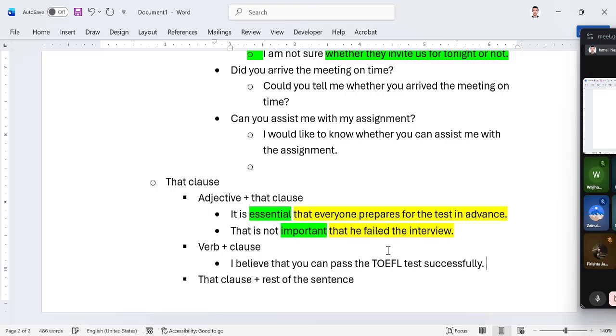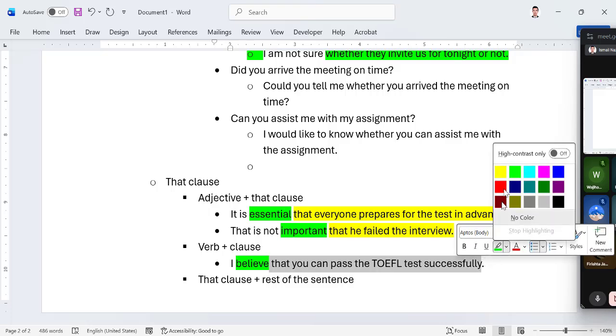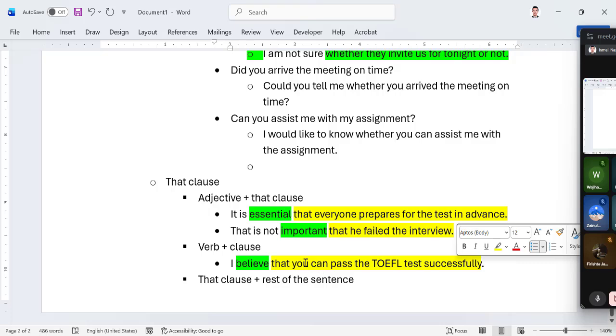So here we have the word believe. It's our verb here. Then what do I believe? This is the noun clause that is functioning as the object of the verb believe. What do I believe? I believe that you can pass the TOEFL test successfully.